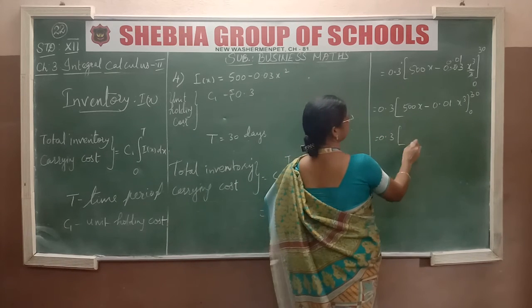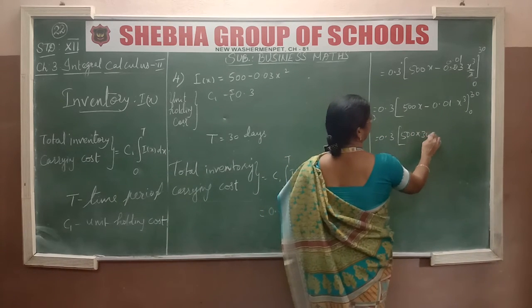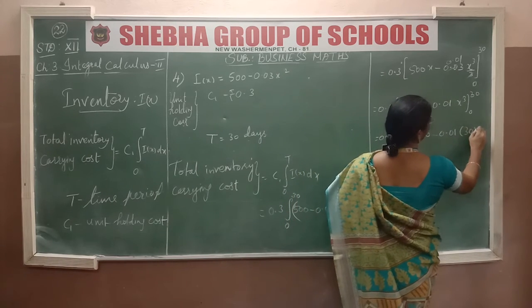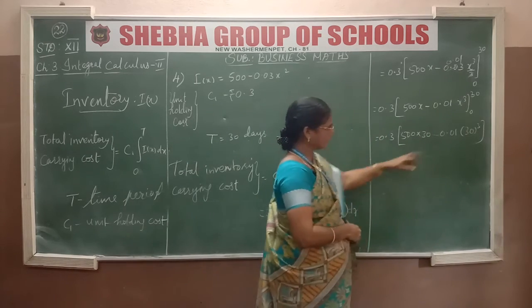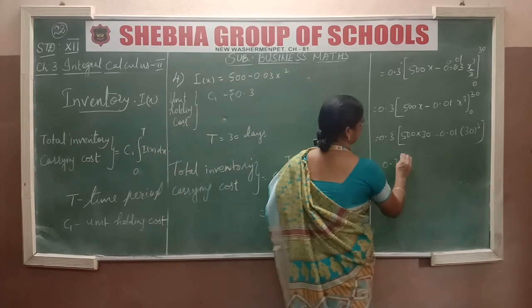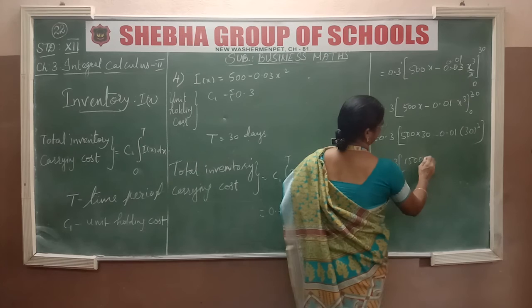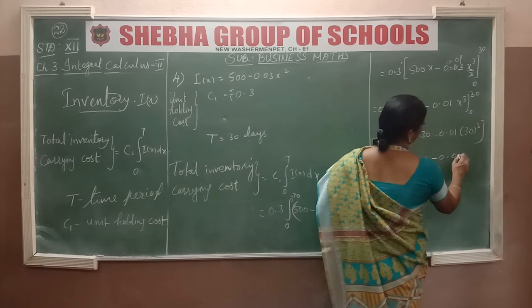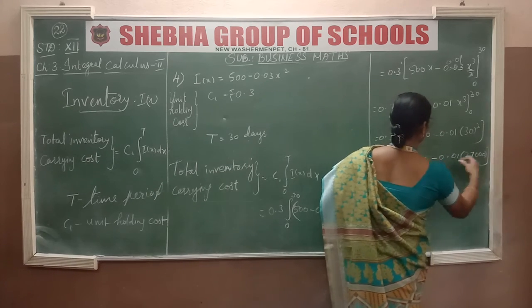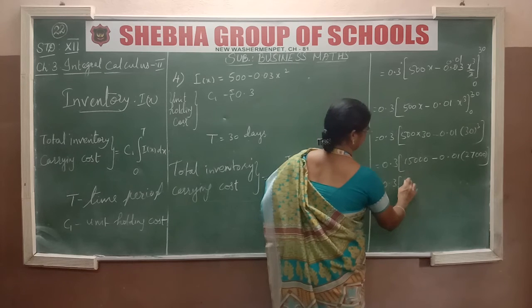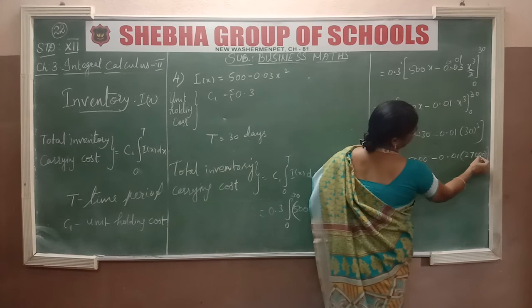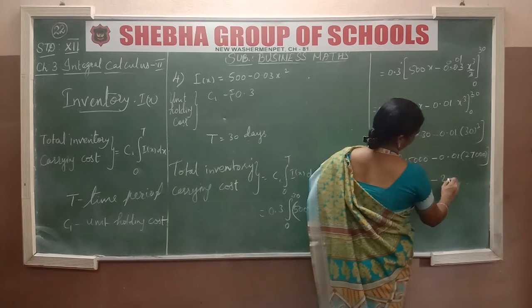Substituting, 500 into 30 minus 0.01 into x cube, that is 30 cube, and substituting the lower limit we get 0, so we leave it. 0.3 into 5 3s are 15,000 minus 0.01 into 27 with 3 zeros, that is 0.3 into 15000 minus, 2 zeros are cancelling, we get 270.